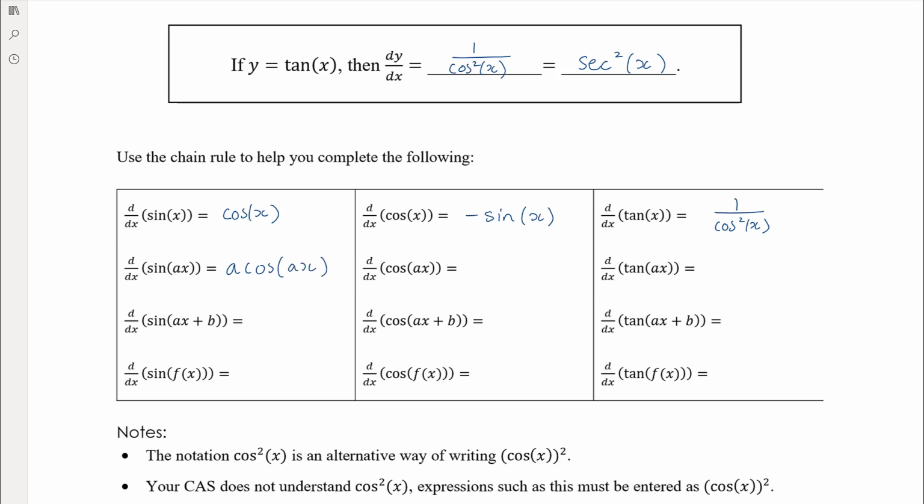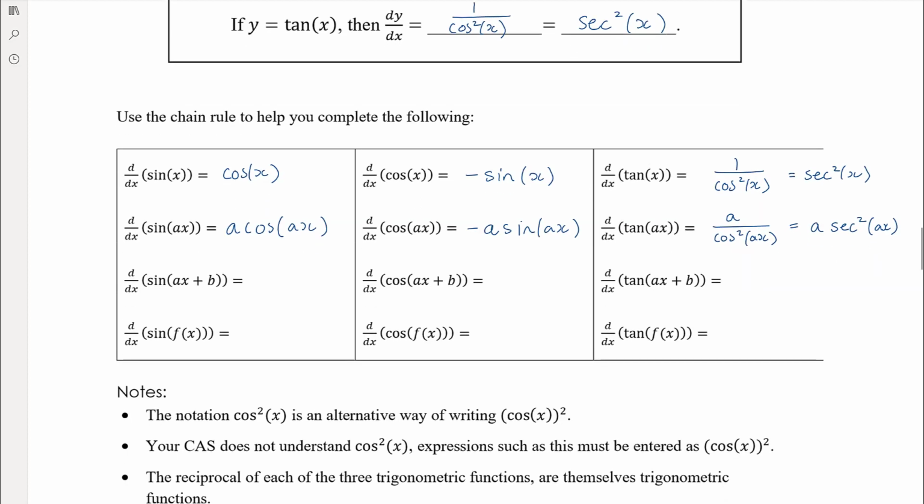And that will follow through the others as well. This will be negative a times sine of ax. This will be a over cos squared of ax. Or we could also write this as sec squared x, or this would be a times sec squared ax. Same thing.